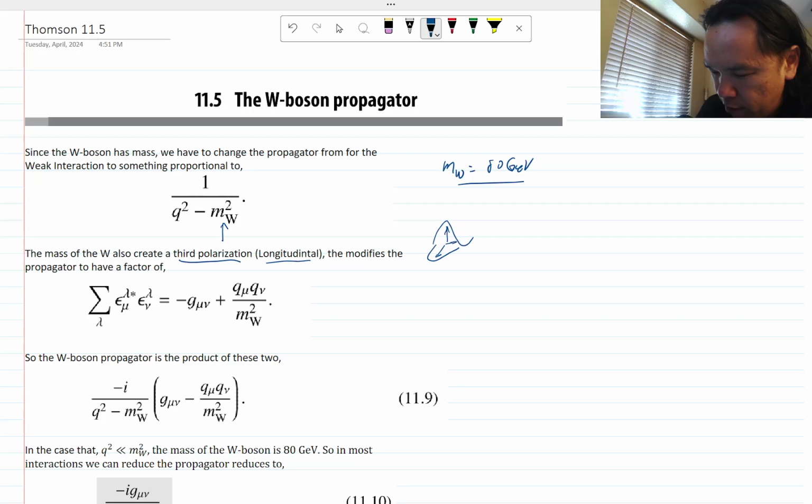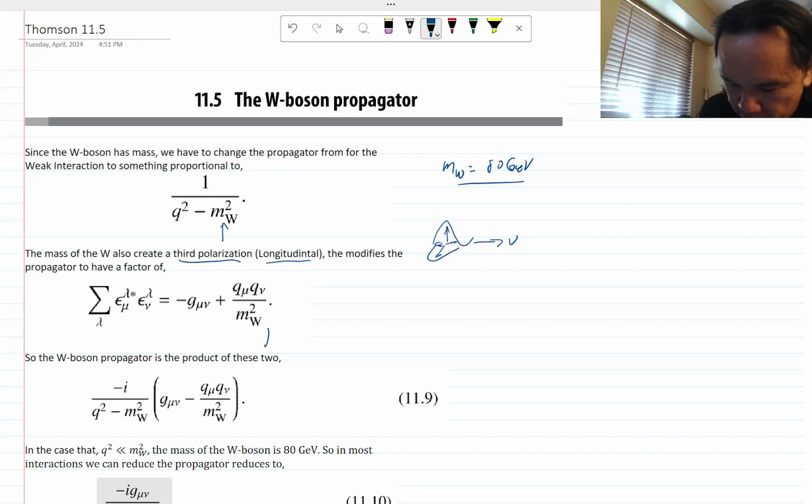But if you have a massive wave, it can also have a longitudinal polarization, which is along the direction of propagation of the wave. So it has a third polarization, and this third polarization adds a factor of q mu q nu divided by the mass of the W boson squared.